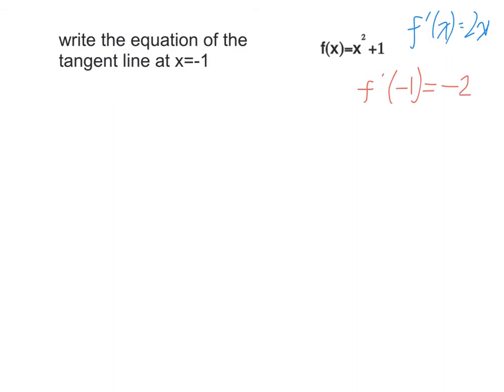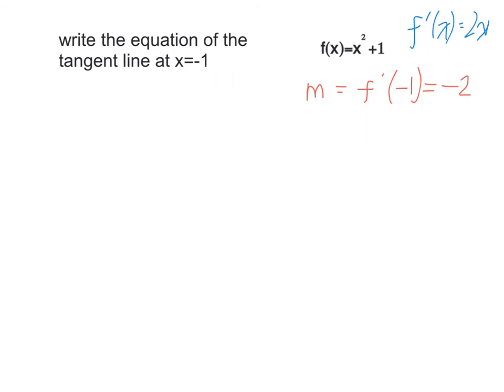So the slope of the tangent line at -1 must be -2. I could do that for a lot of other points, like 0 for instance. If I wanted to find the slope of the tangent line at 0, I would substitute 0 in for x and get 0 as a slope. I could do it at x equals 1. f prime of 1 equals 2. All of these are different values and represent the exact slope of the tangent line at those specific places.